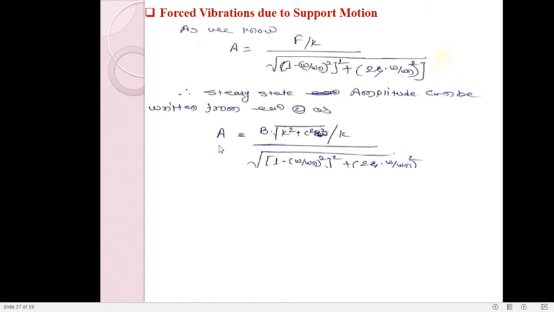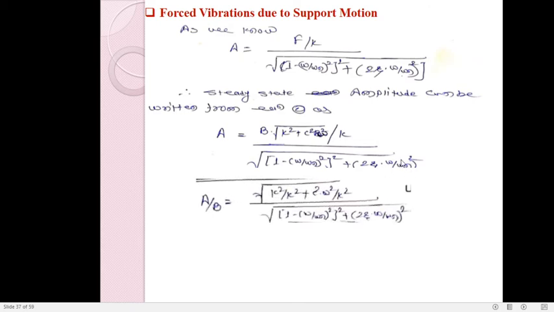Therefore the amplitude of forced vibration due to support motion is A is equal to b into square root of k square plus c square omega square upon k upon the same square root.